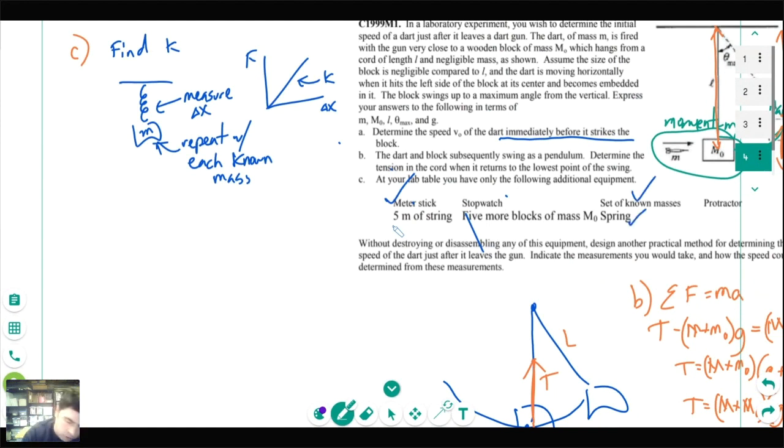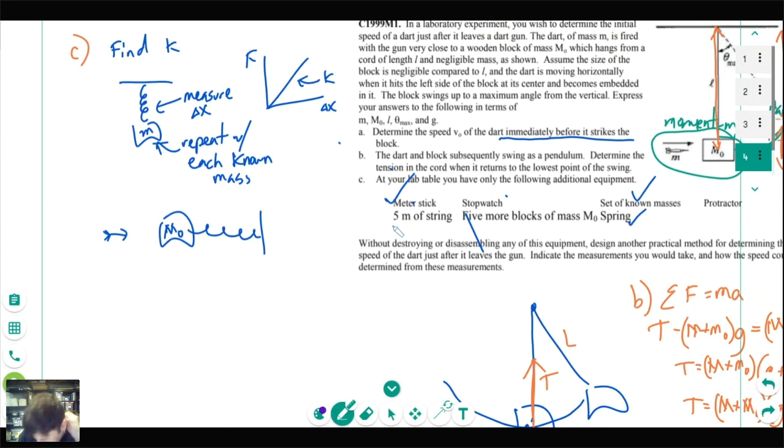The next part, once I know K, is we can set this up to have the dart be shot into a block attached to the spring. And let's say we know the mass of this, right? Yeah, so we're going to take one of those blocks, put it on there.